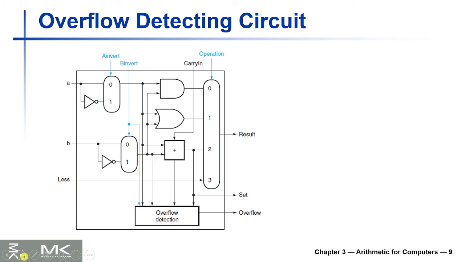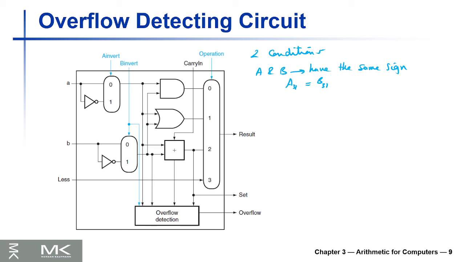Finally, how we can detect overflow. Overflow happens under two conditions. For an overflow to happen, first, A and B should have the same sign. Same sign means that A31 should be equal to B31.